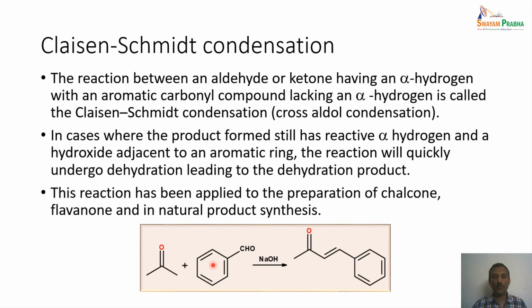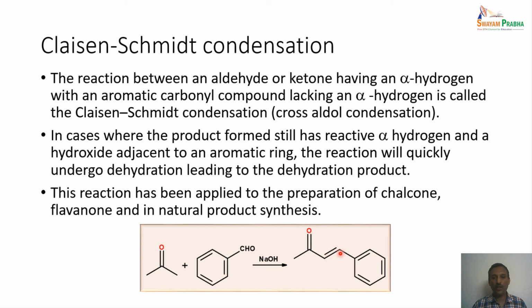When these two compounds are reacted together in the presence of a strong base, we end up with a Claisen Schmidt product, or in other words we call this a cross aldol condensation product. So in the case where the product formed still has a reactive alpha hydrogen, if it is present, and the hydroxyl is adjacent to the aromatic ring, then the reaction will quickly undergo dehydration, leading to the dehydration product.